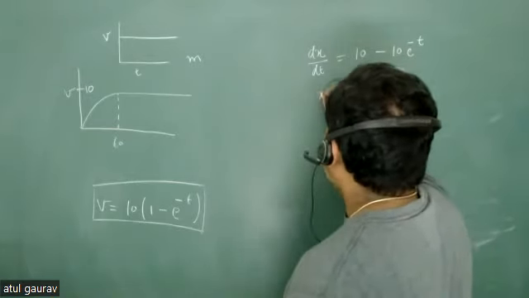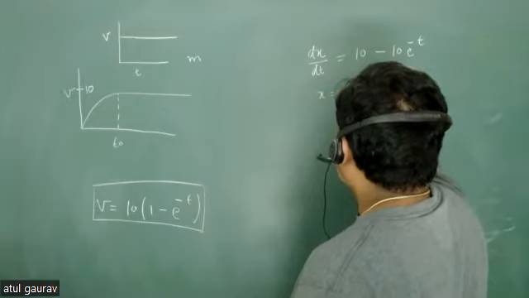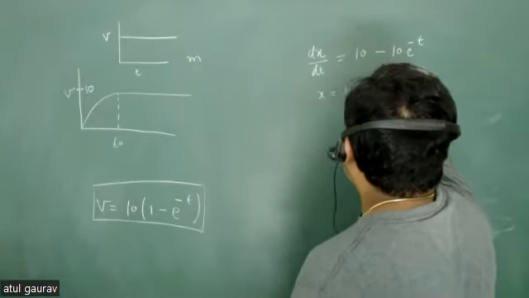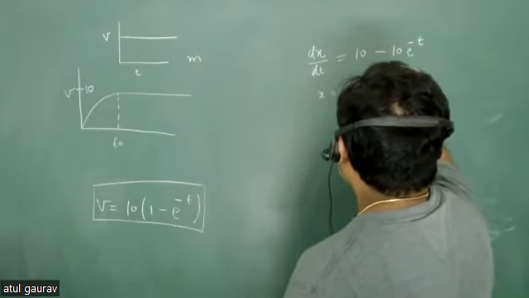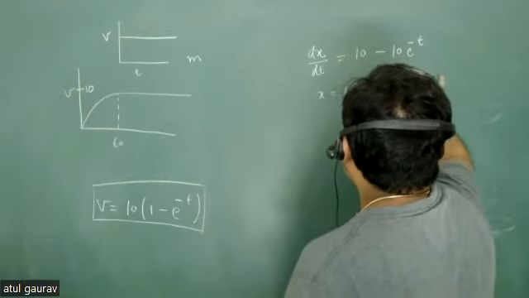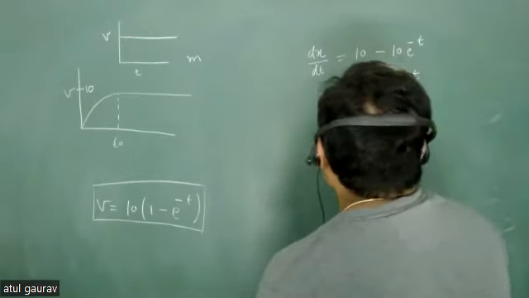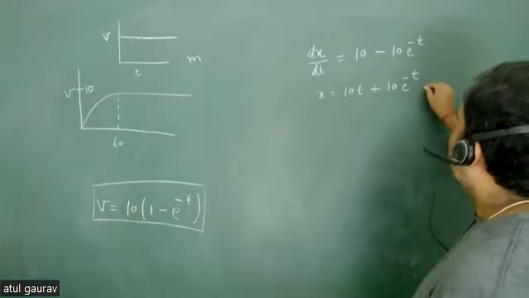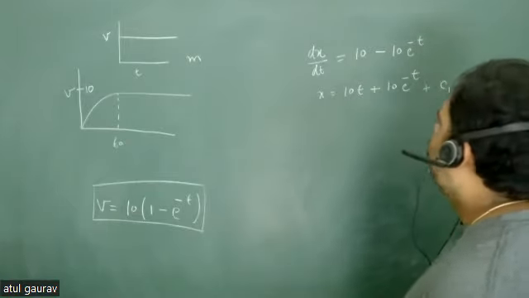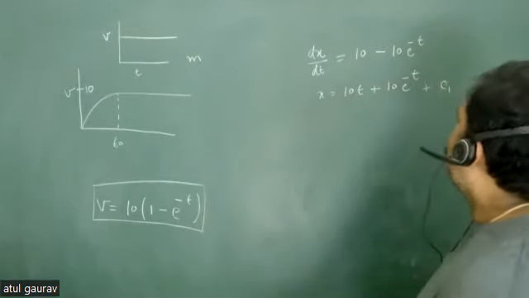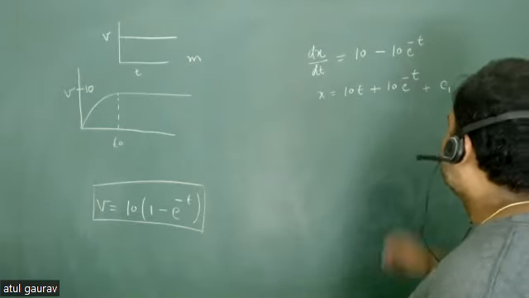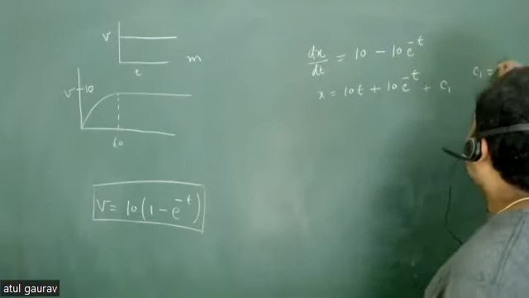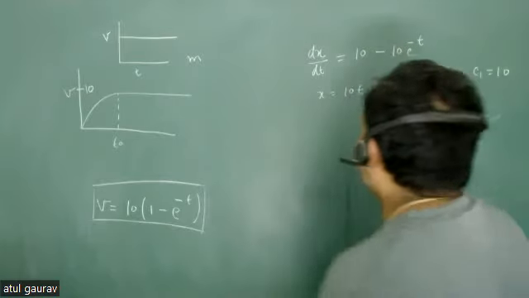So what will your x be? 10t, and this one will become plus, right? Plus 10 e to the power minus t, plus some constant c1. And again at t is equal to 0, what is the value of x? 0. So c1 is equal to what? Again 10. It is like this, isn't it?